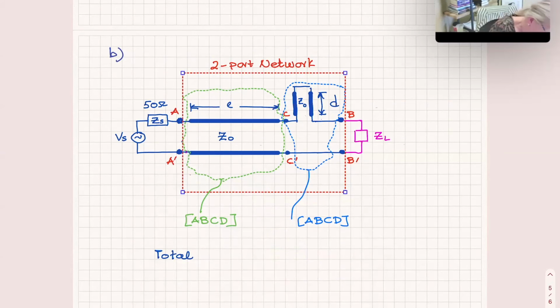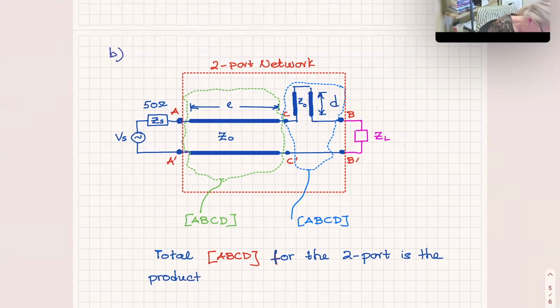So the total ABCD matrix for the two-port is the product of the other two ABCD matrices. And then I'm going to write the equation below.